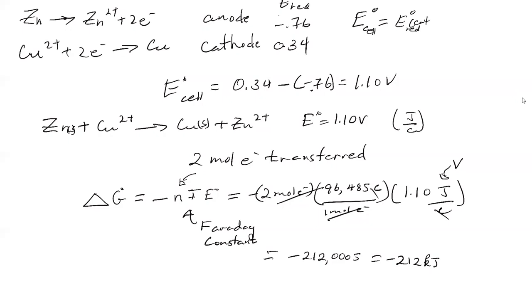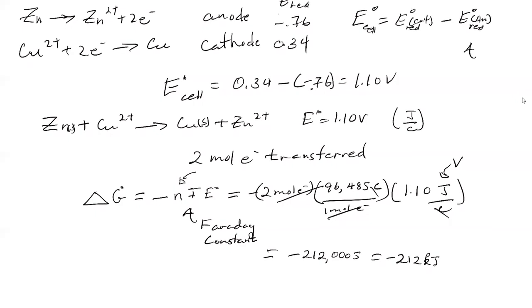I guess this would be the best way to do it. Minus E0 reduction for the anode. Some books will write this with the opposite sign and call it E0 oxidation, and then just add the two. But most of the books now do it this way. So we're going to try to follow what your textbook does.